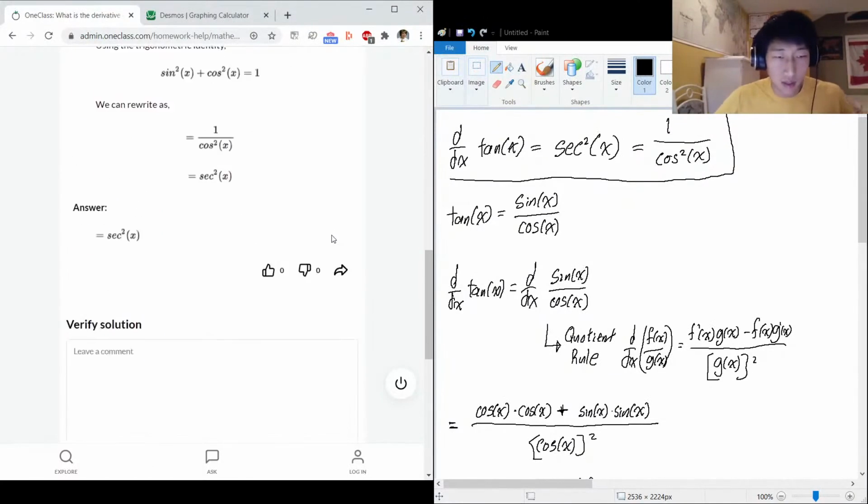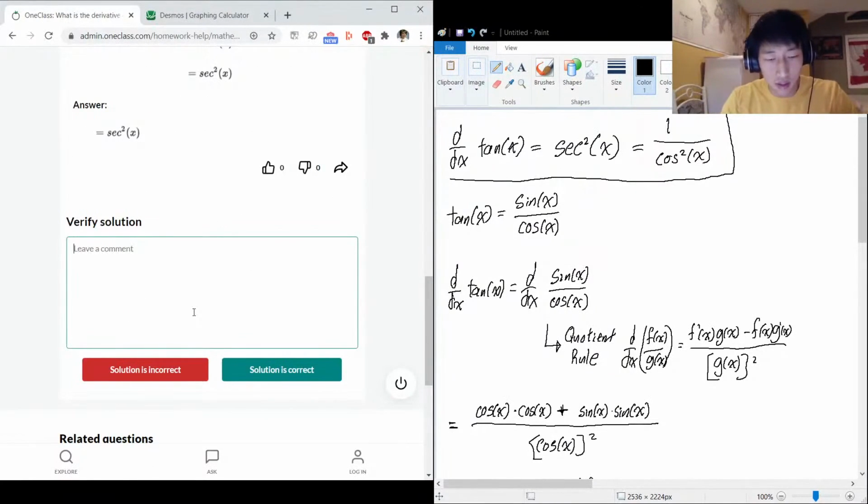We just need a comment in the answer. Secant squared of x is written, should say derivative of equals secant squared of x.